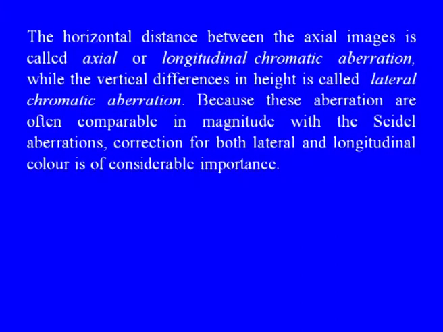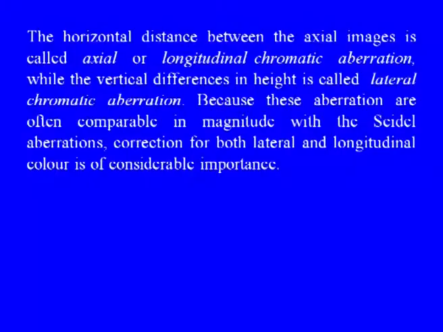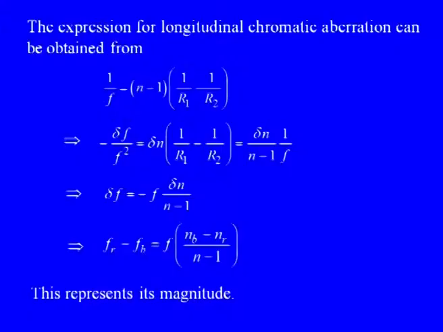Because these aberrations are often comparable in magnitude with the spherical aberrations, corrections for both lateral and longitudinal color are of considerable importance. Now, the expression for the longitudinal chromatic aberration can be obtained from the lens formula. The lens formula is 1 upon f is equal to (n minus 1) multiplied by (1 upon r1 minus 1 upon r2). We are assuming the same medium on both sides of the lens.